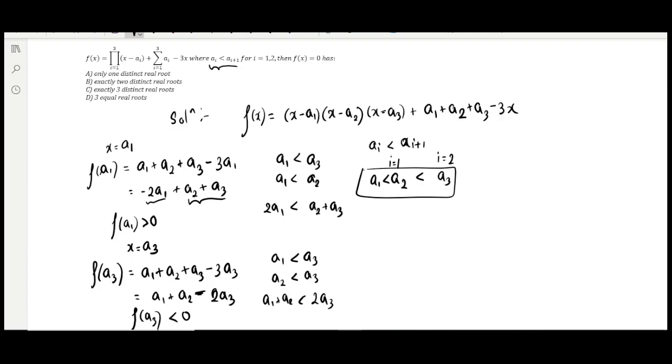From this information we can draw a rough graph. Let this point be a1, this point be a2 and this point be a3.